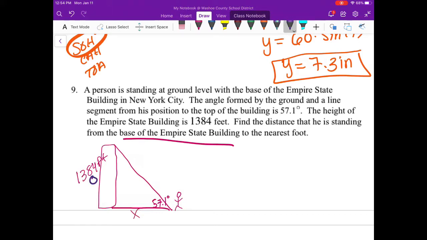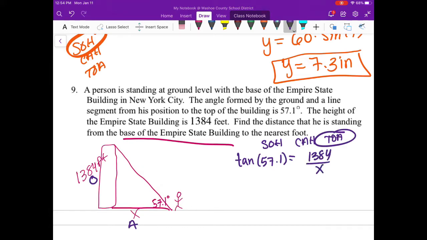Using this picture, this is opposite to me. This is adjacent to me. So when I think of SOHCAHTOA, think of which part uses O and A, okay? So that's TOA. We're going to be using tangent of 57.1 equals opposite over adjacent. From here, you're just going to cross multiply. So 1 times 1384 equals x times tangent of 57.1.